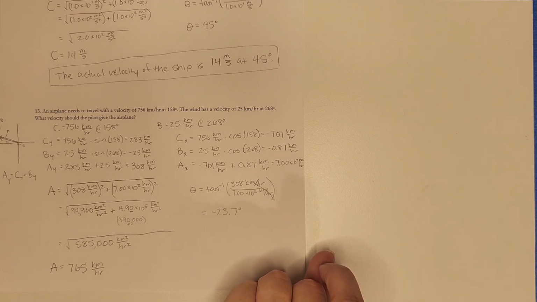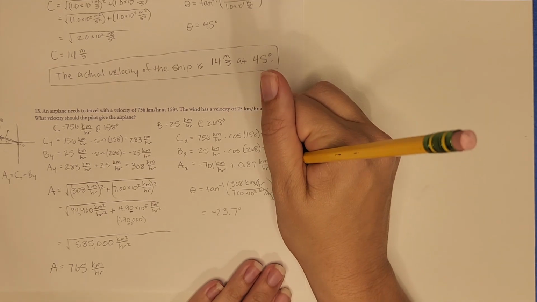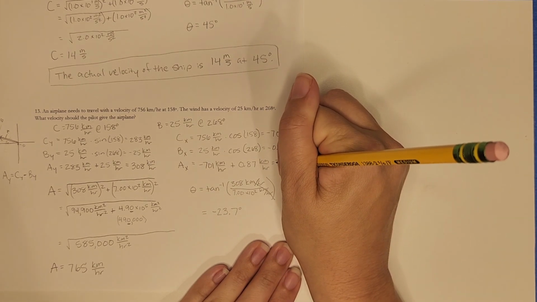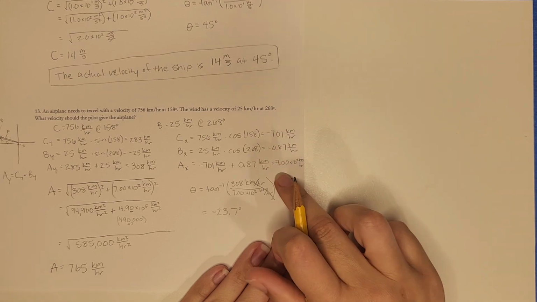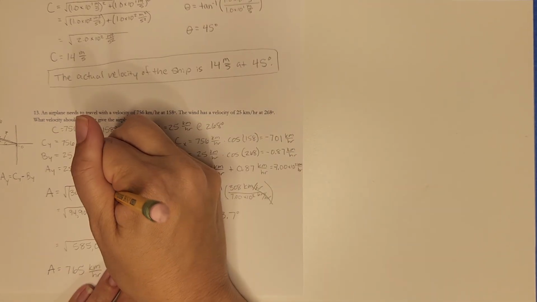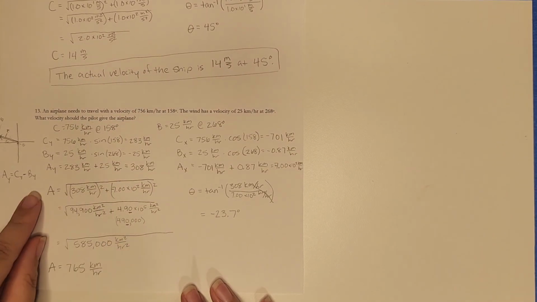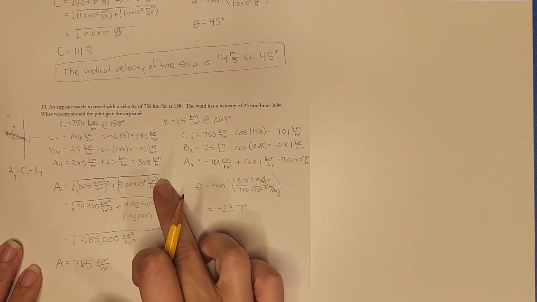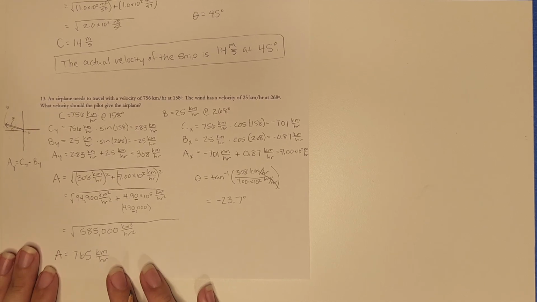What did I do wrong here? Okay. I neglected to show that this is negative here. Yeah, so it's negative 7. And here, this didn't affect the A because the negative ends up being positive when you square it.